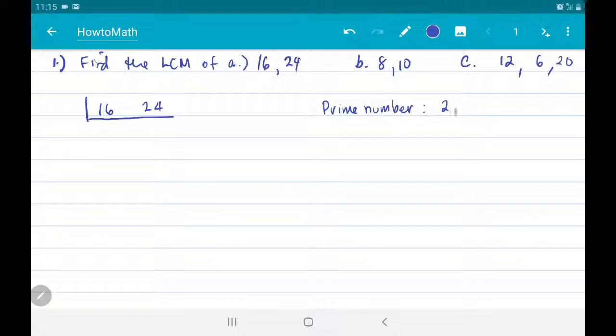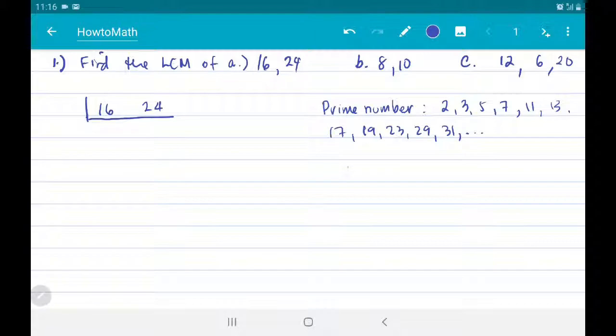So examples are 2, 3, 5, 7, 11, 13, what else? 17, 19, 23, 29, 31, and so on. So 2 is a prime number because the only divisors of 2 are 1 and 2. 17 is a prime number because its only divisors are 1 and 17.